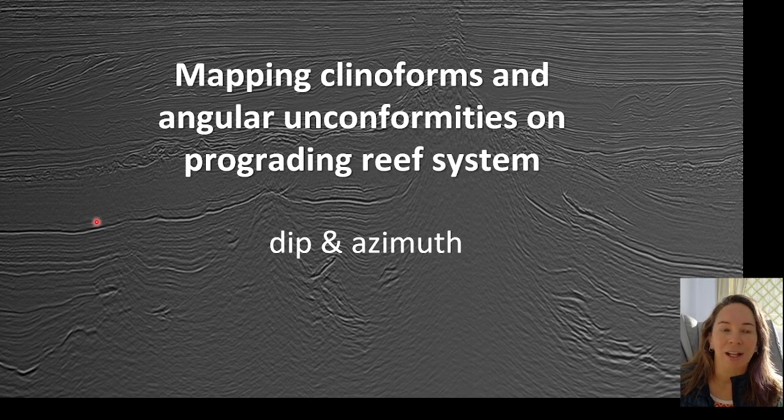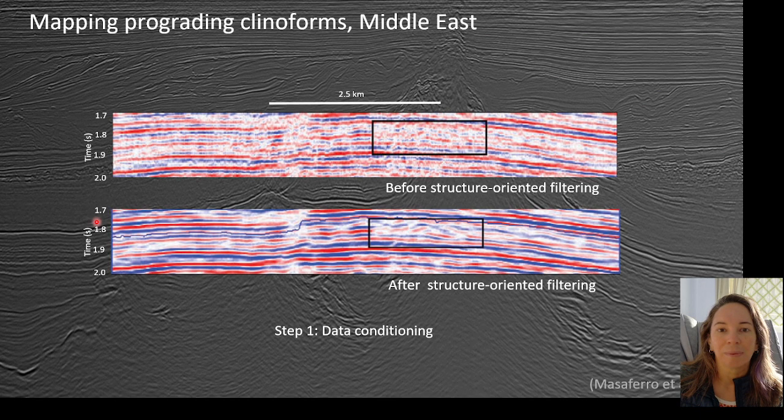We'll look at mapping clinoforms and angular unconformities in prograding reef systems. Here we've got an example of a system in the Middle East where we have seismic reflectivity cross-sections shown before and after structurally oriented filtering, okay? Notice that we're filtering the data, and that's because having the cleanest data you possibly can will help you with your interpretation.